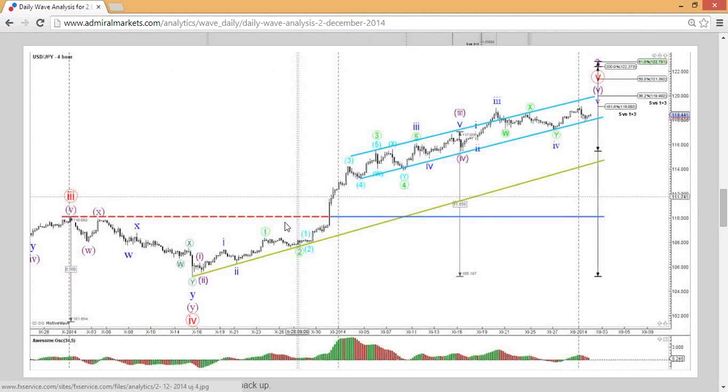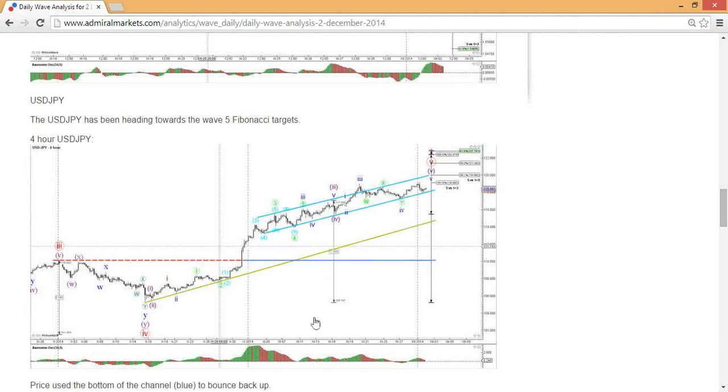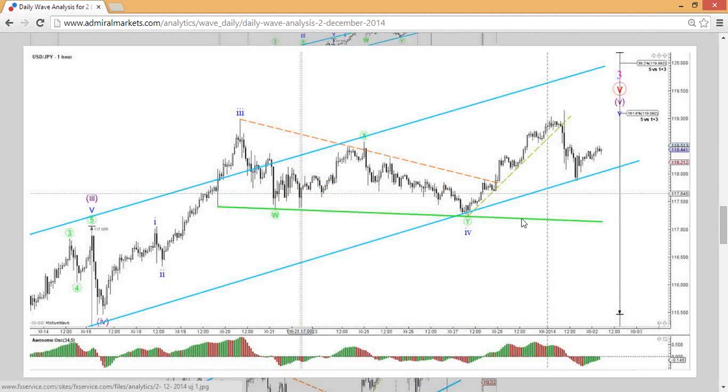Now, dollar yen is steaming up. Yesterday in the recap, I said look for longs at the bottom of that channel, which indeed has been a bouncing spot so far. As you can see here, price bounced off that bottom, and I'm looking for follow through up to max 120, I would say, which is a big resistance spot, to complete wave 5 of 3.